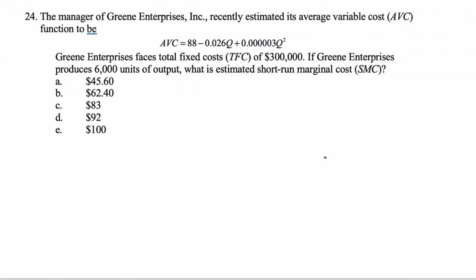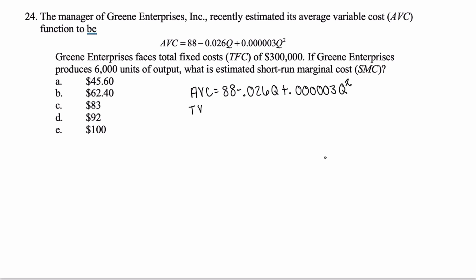24 says if they produce 6,000 units of output and they face a total fixed costs of 300,000, what is the estimated short-run marginal cost? So we know that our average variable cost function is given as 88 minus 0.026 Q plus 0.000003 Q squared.